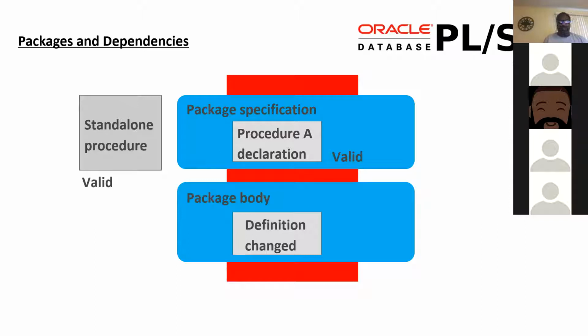All right, the last thing I want to talk about, and this is always fun: remember, with packages there are two major components, the specification and the body, but you can run any of the subprograms that are part of the package body separately.